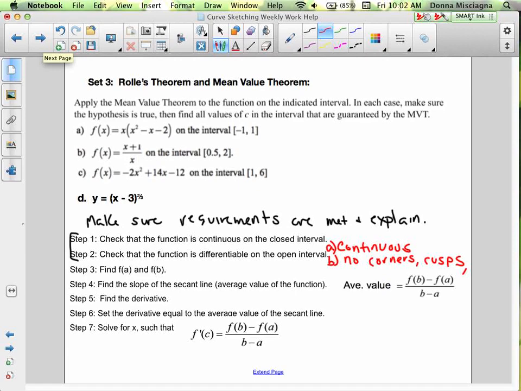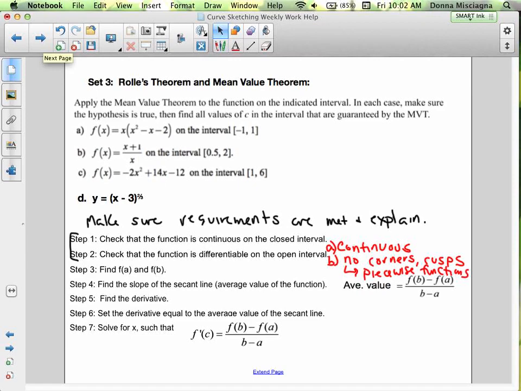Well, if it's continuous, the ones to look out for are corners and cusps. But who's going to have a corner or a cusp? It's going to be a piecewise function. So there's no piecewise functions here. None of these three are piecewise functions.